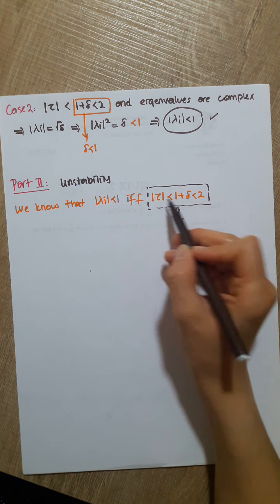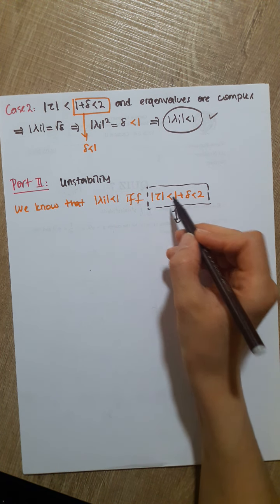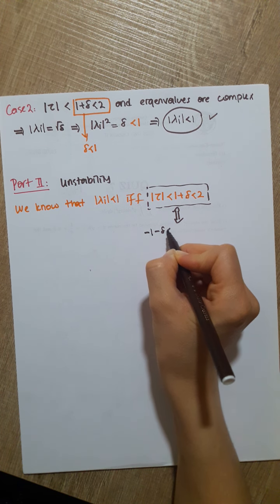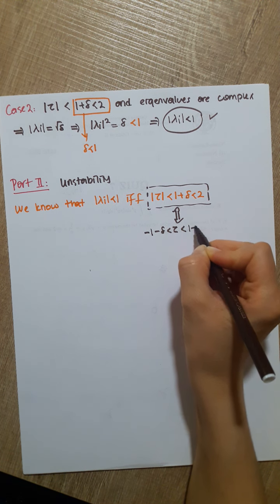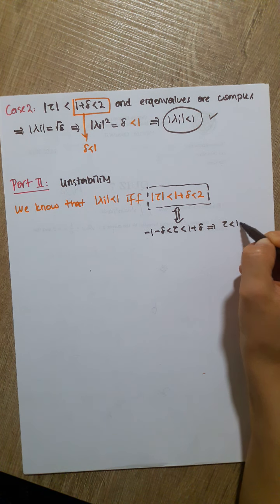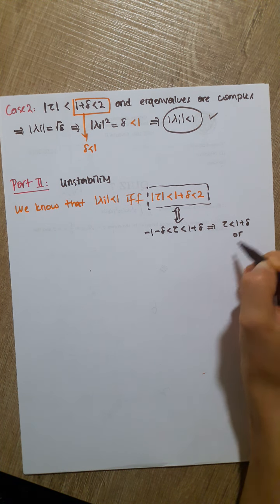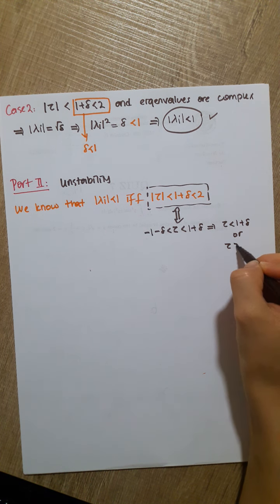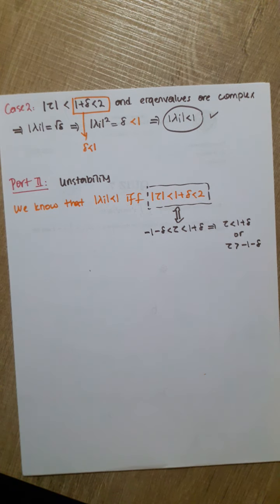First of all, if you check this inequality, I have minus 1 minus delta less than tau, and tau is less than 1 plus delta. So from here we have tau is less than 1 plus delta, and tau is greater than minus 1 minus delta.